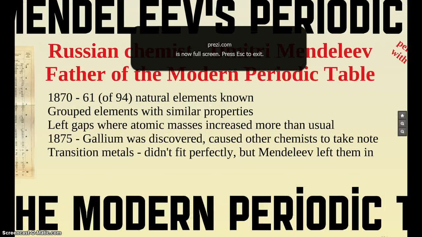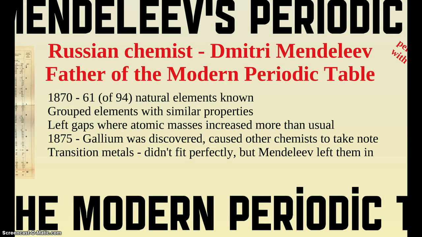So some of the problems: first of all, the atomic mass was sometimes unreliable. Sometimes unreliable, so they didn't actually know the atomic mass well.